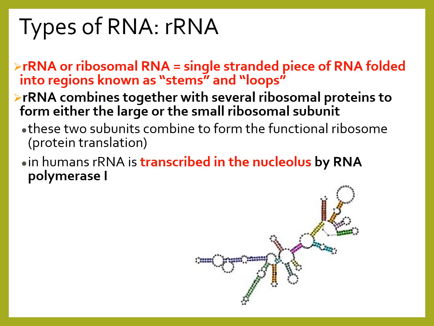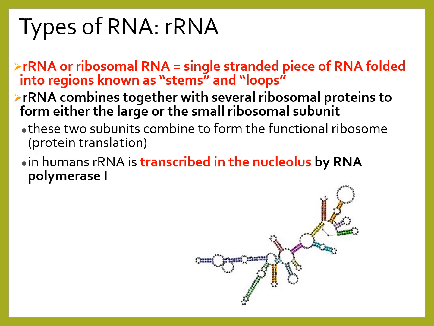This transcription in humans is done in the nucleolus, that area of the nucleus, by RNA polymerase I. The rRNA pieces are going to be assembled together with proteins in the nucleolus into those large and small subunits, and then we're going to export those 2 subunits out into the cytoplasm, where we're going to assemble it to form a functional ribosome, which will participate in protein translation.